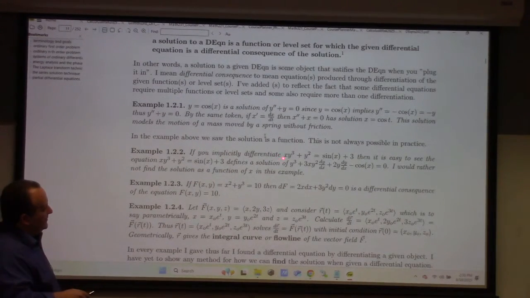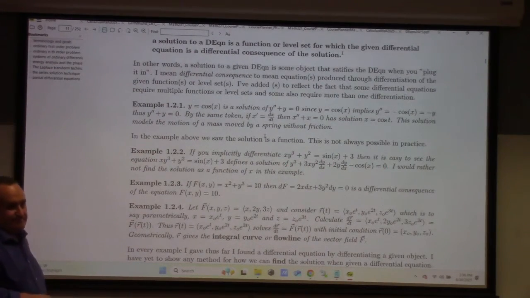If we were given x y cubed plus y squared equals sine x plus 3, if you differentiate that implicitly, you get this, right? So that means this equation is an implicit solution to this differential equation, for example. Now here, notice I can't solve for y.